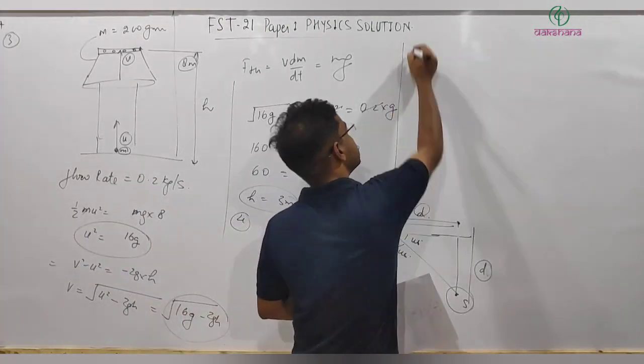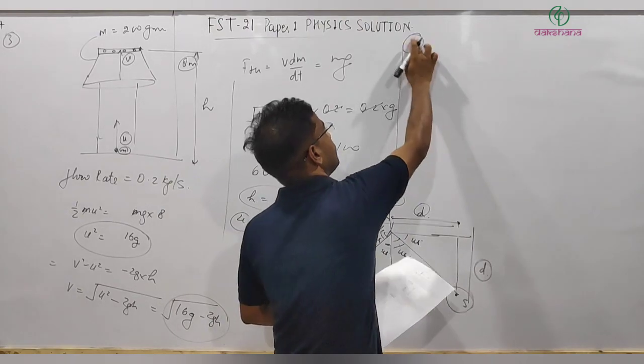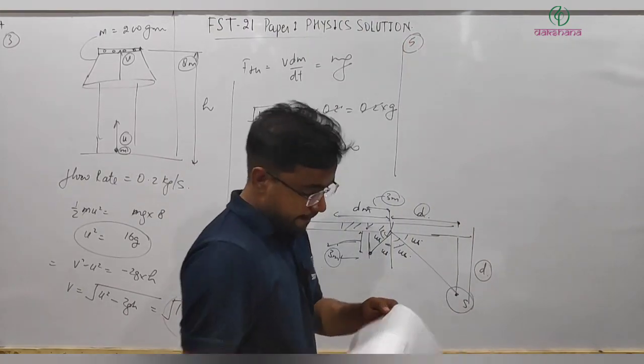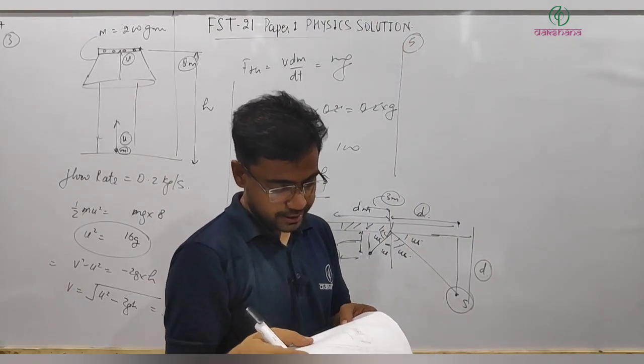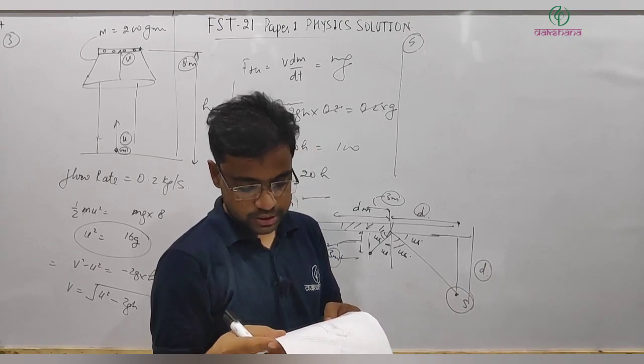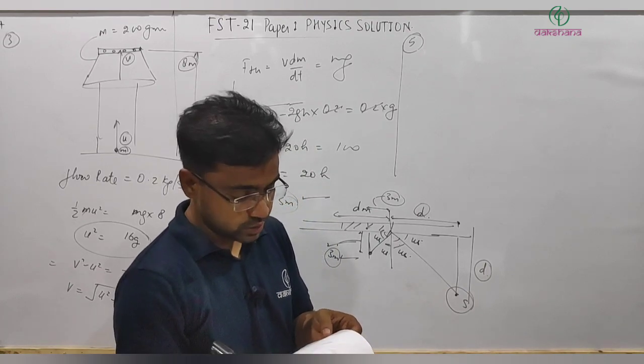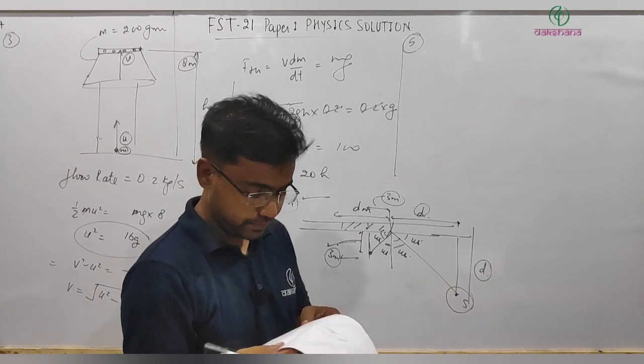And then next, question number 5. A cylindrical eraser of negligible mass is dragged across a paper at a constant velocity to the right by its pencil.